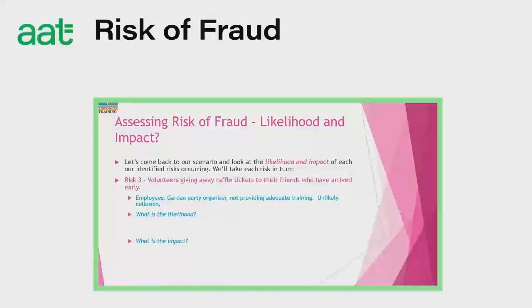Our third risk was looking at volunteers giving away raffle tickets to their friends who have arrived early. So similar in principle to our previous risk, they're giving away stuff for free. Possibly our garden party organizer could be involved in this.